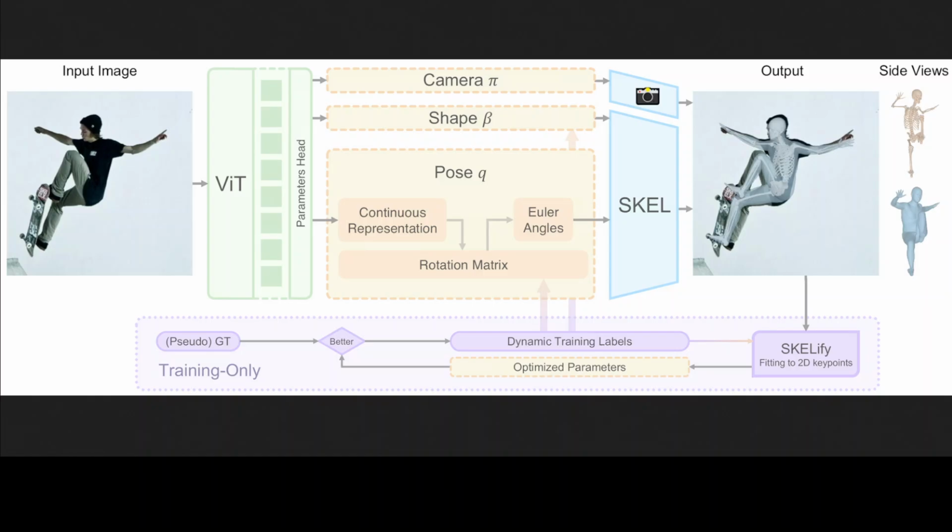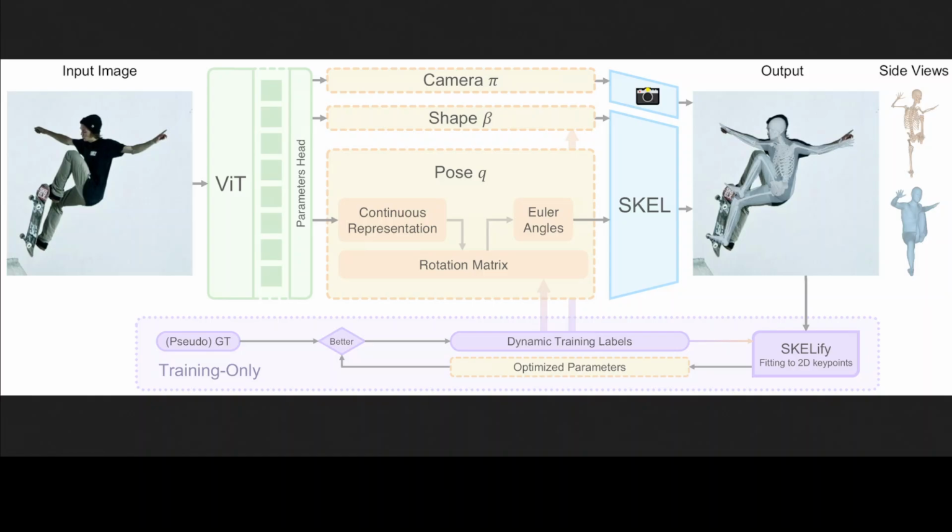In this pipeline, as you can see here, the network predictions are optimized against ground truth 2D key points to produce better pseudo ground truth labels. That improves the label quality as the model training progresses. And then this iterative training approach allows continuous refinement and provides increasingly accurate and biomechanically realistic human pose estimates.